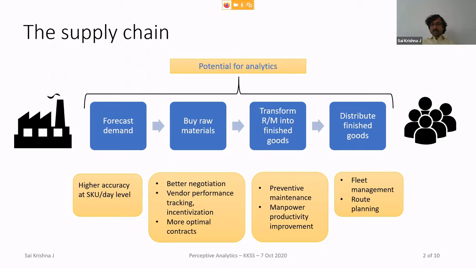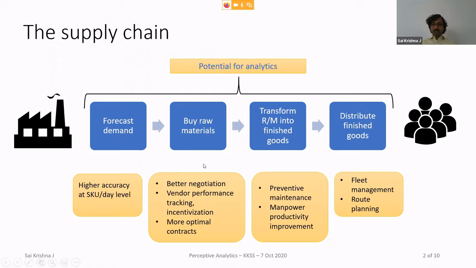Regular audits take place, and these audits happen at the SKU level. So for each product, each SKU, how many units do I have? That is my stock, and if I am to improve the forecast accuracy of the stock, I can use some advanced analytics techniques. That is where analytics helps in the first stage of the supply chain, demand forecasting.